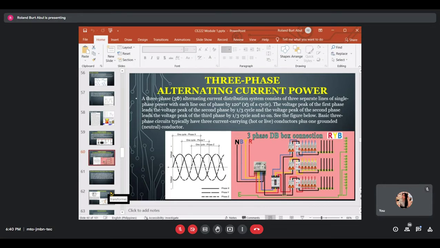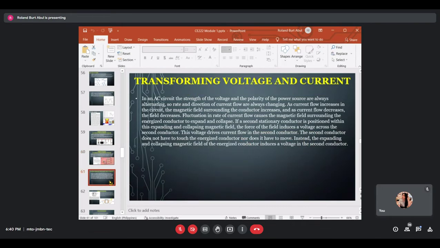Karon, if times nga naay excess current ana, sa neutral na siya mapadulong. Okay, sir. Kanang excess, sir? Sa faults na siya, naay problema sa system. Okay, sir. Sige, thank you, sir.